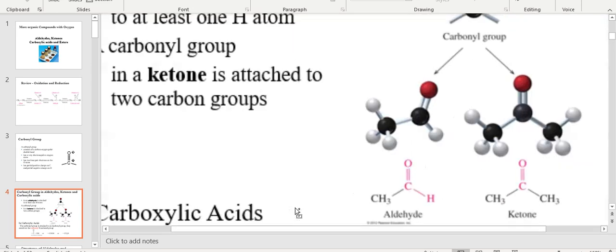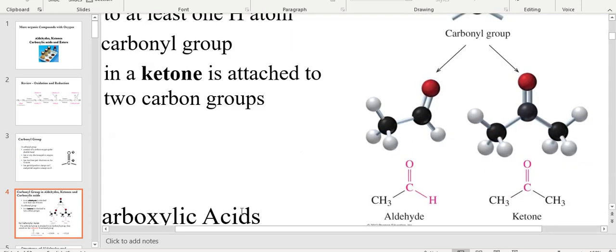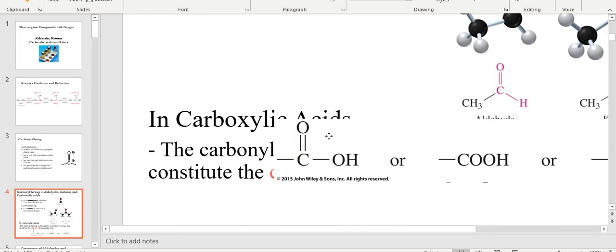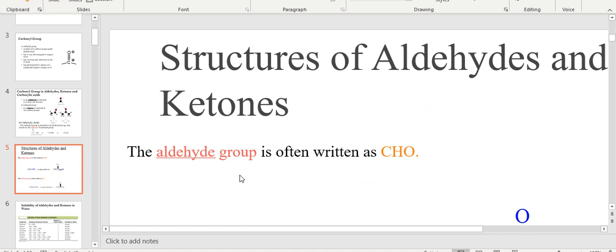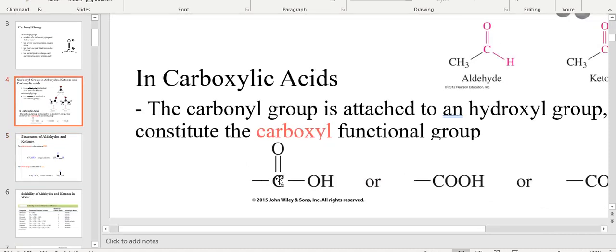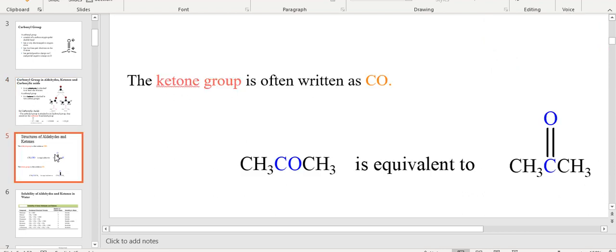Carboxylic acid: the carboxylic acid group has the carbonyl group on the end, and it also has an alcohol group on the end, making this whole side of the molecule very polar, because you've got a large amount of oxygens in there. So aldehyde, ketone, carboxylic acid.